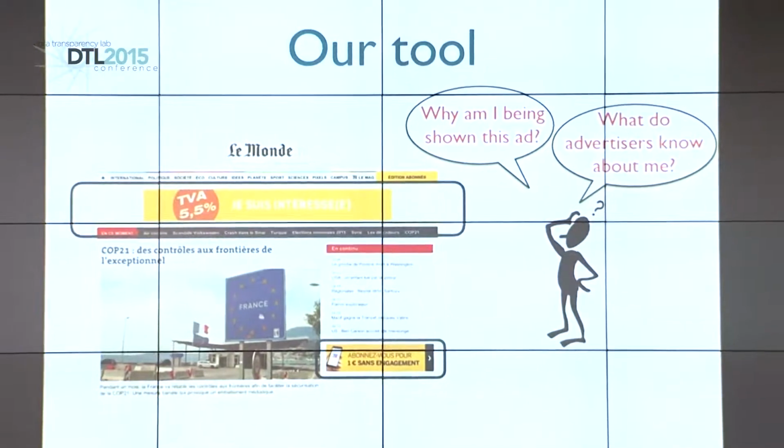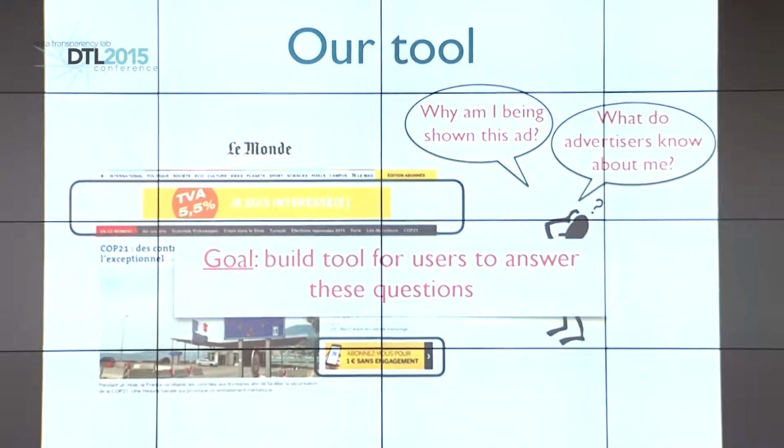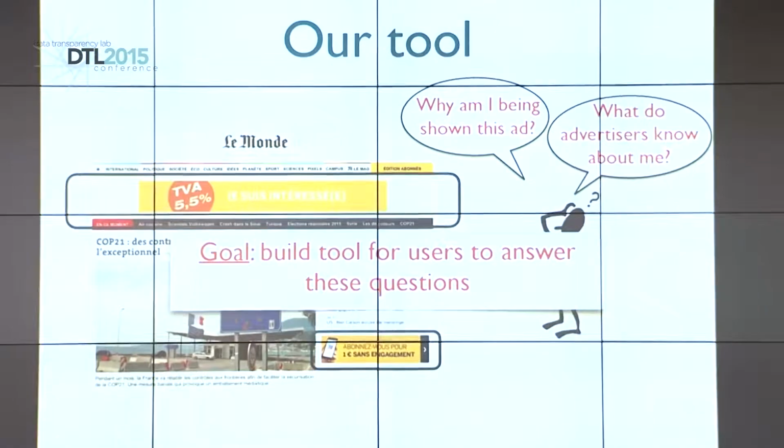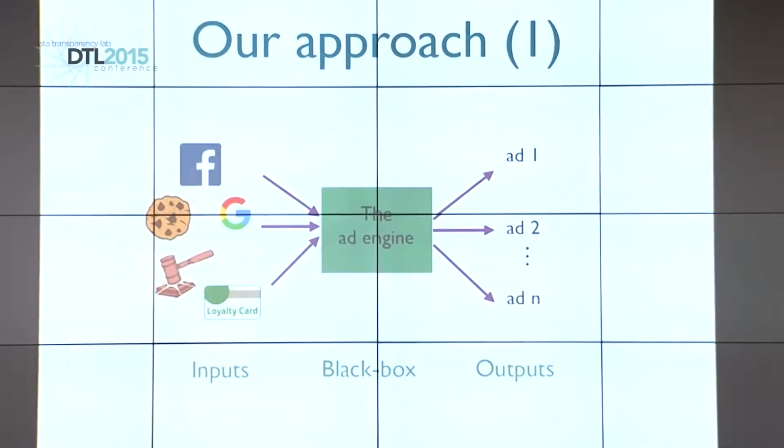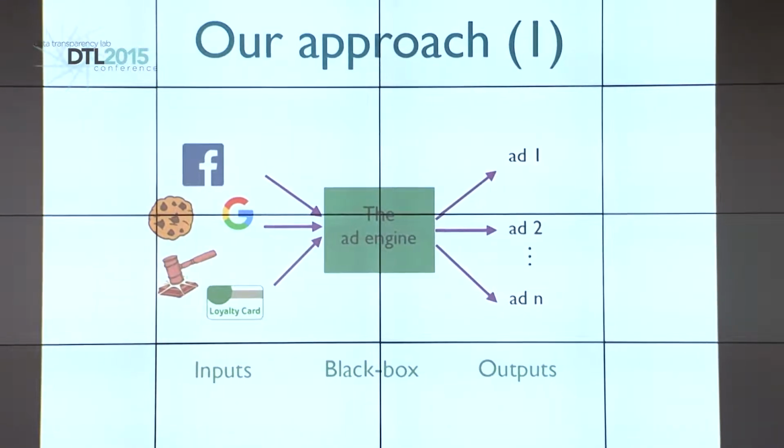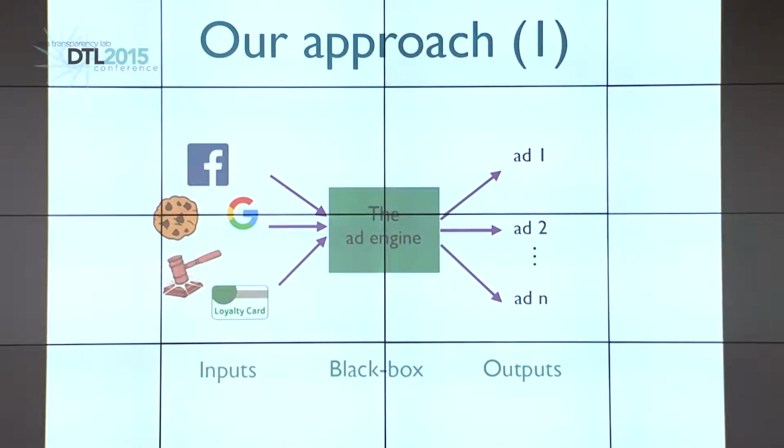So the goal of our work is exactly to build a tool that answers these two questions. To explain our approach, let me abstract the ad ecosystem into three components. First, we have the data that the ad engines are collecting about users, which can be online from tracking or offline from the data brokers.